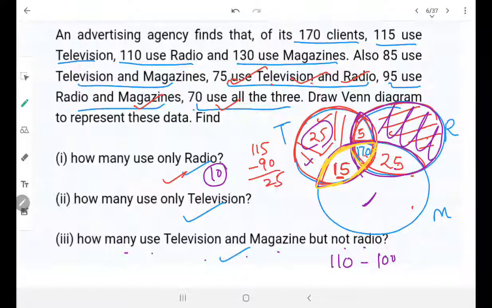Radio is this portion. So we just need this thing, and we already found it. How much is it? 15. So that's the answer. If you draw the Venn diagram, it would be quite easy for you to explain and to understand and to give the answer for each of the questions.